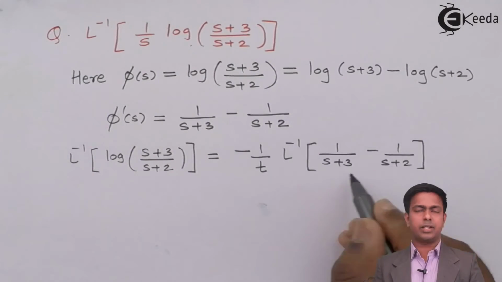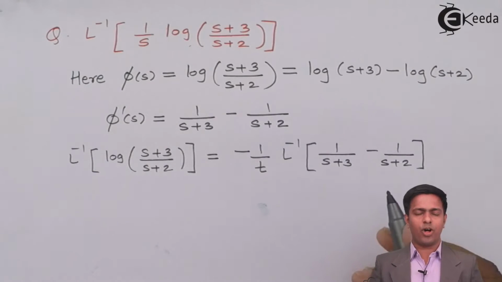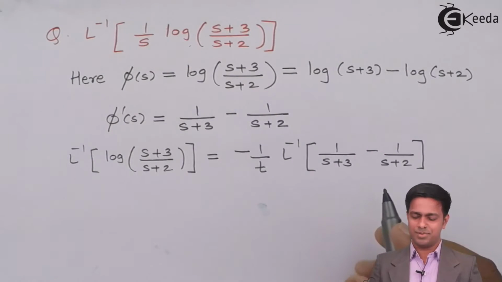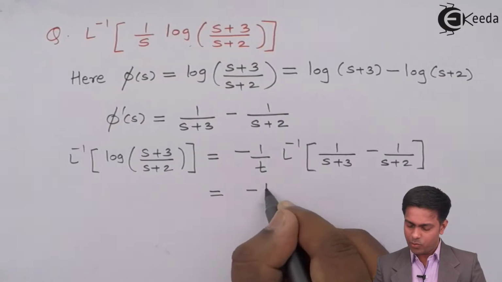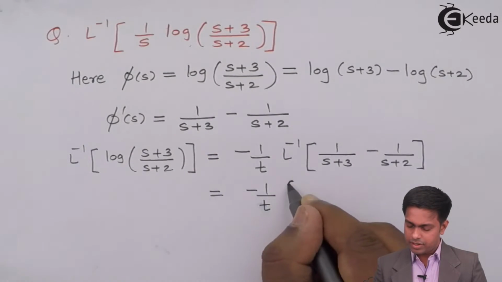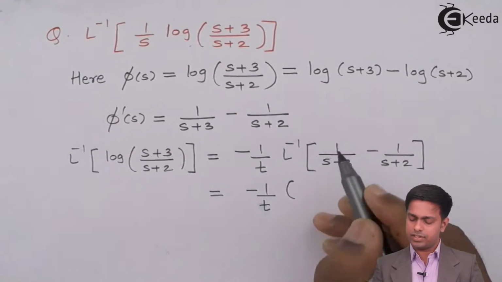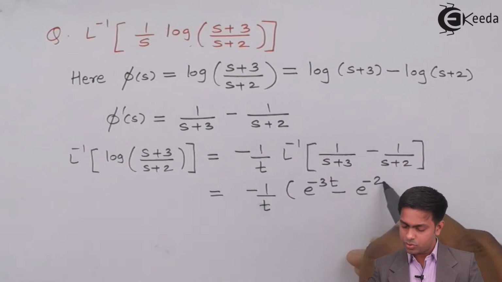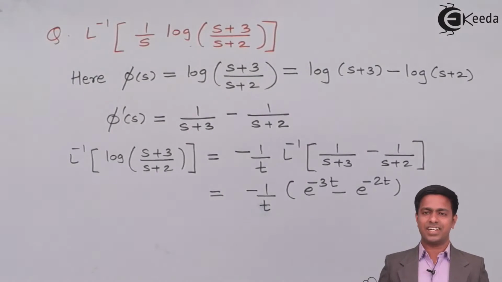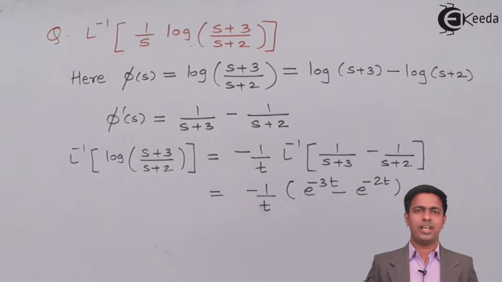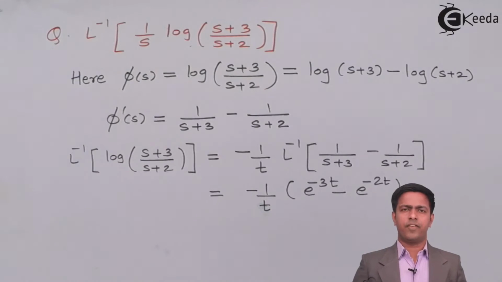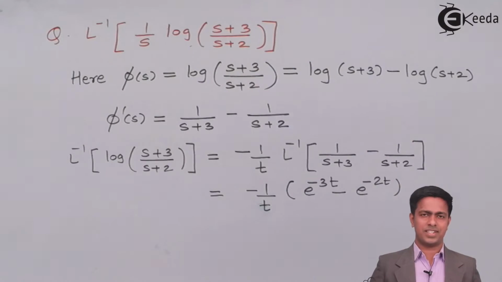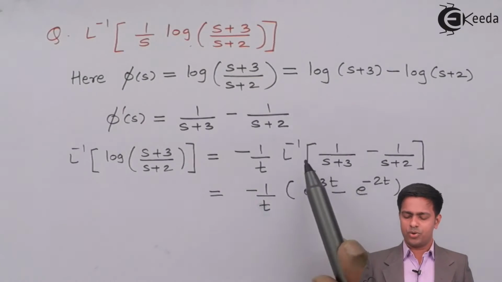This is nothing but the value of phi dash of s, for which the inverse Laplace transform is possible. So here we will get negative 1 upon t. In the bracket, the inverse Laplace transform of this term is e to the power minus 3t minus e to the power minus 2t. I'm assuming that you all know the formula of inverse Laplace transform, and if you don't, don't worry, go back and revise my video on the definition and formula of inverse Laplace transform, and you'll come to know the answer of this.